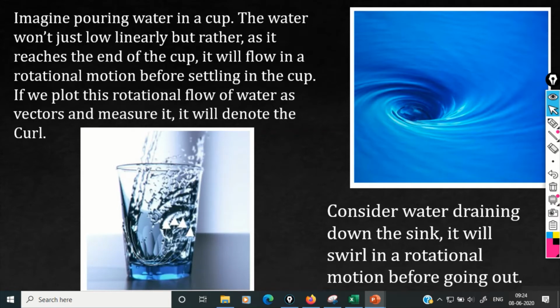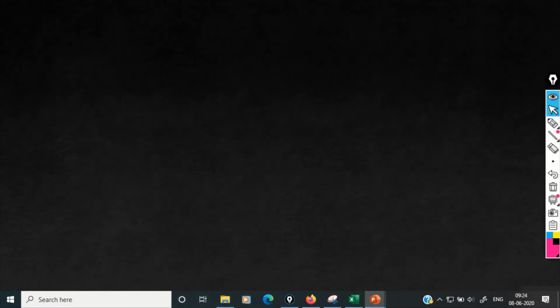If I am pouring the water in the cup, the water won't just flow linearly, but as it reaches the end of the cup, it will flow in rotational motion before settling in the cup. So, if we plot this rotational field of water as vectors and measure it, it will denote basically a curl.